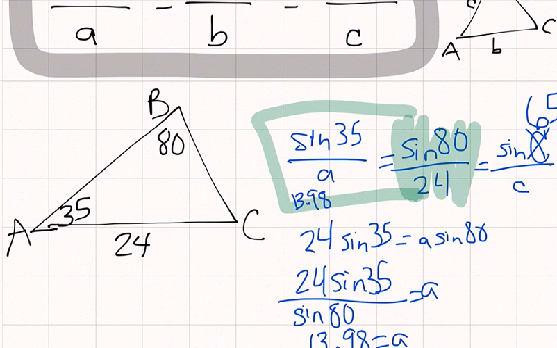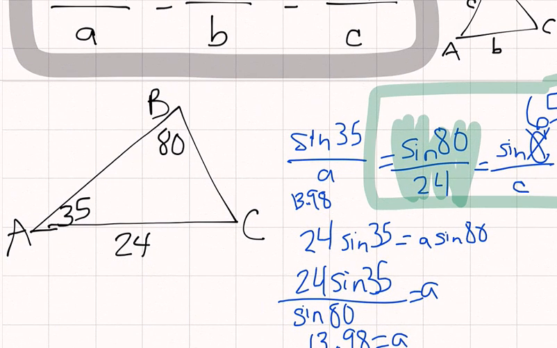The next thing we have is to work with this remaining side over here. We basically do the exact same thing, but instead of the sine of 35, now it becomes the sine of 65.